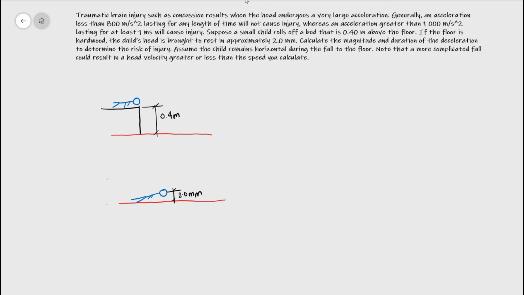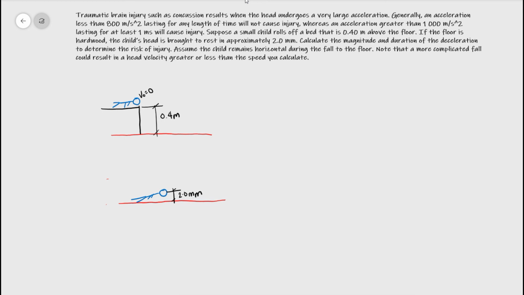Now here we need to find the magnitude and the duration of the deceleration, the time when he falls to the hardwood.